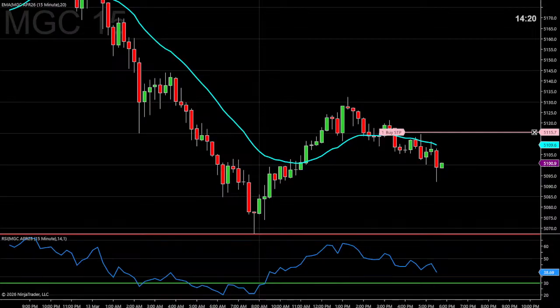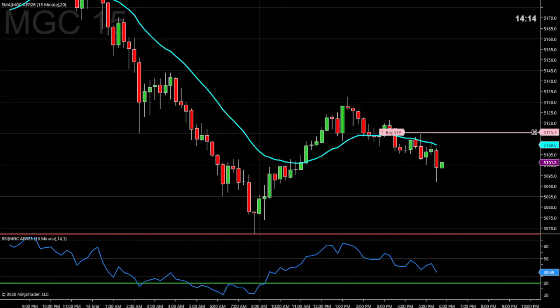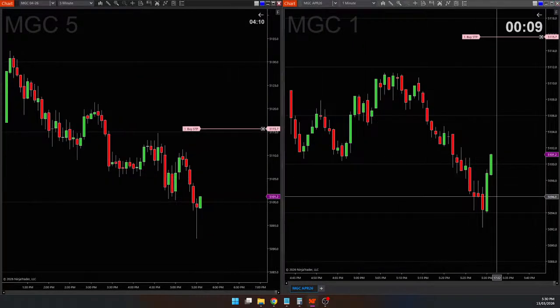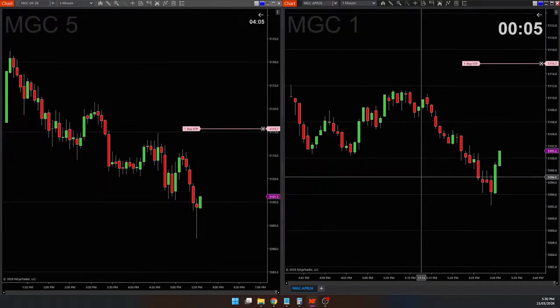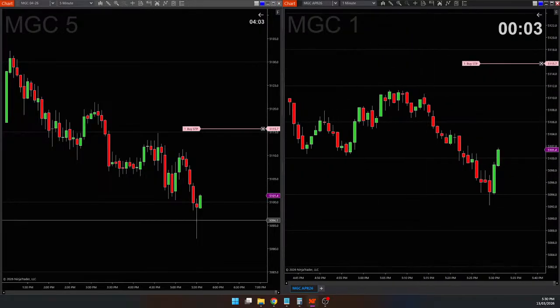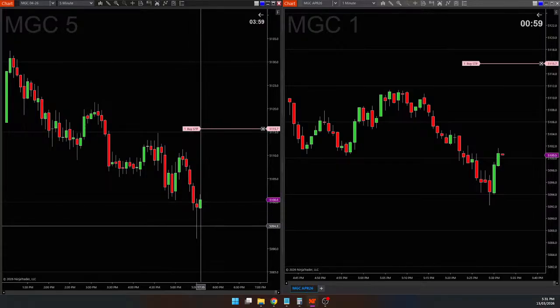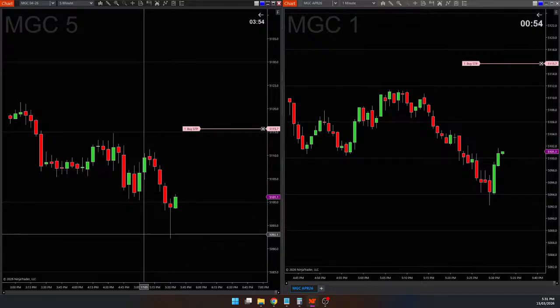And judging by what I'm seeing now, not just that bull bar forming there, but here on the 1 minute, it looks like there is that potential. On the 5 minute, we've got this pin bar, this hammer, or whatever you want to call it, with a very long lower wick.